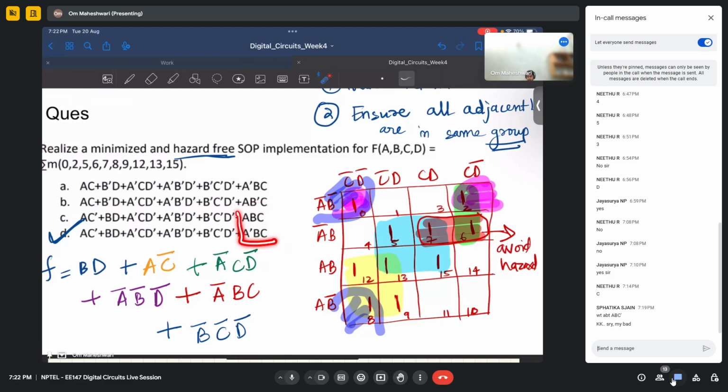A B C is not there. A B C would have been this, but we do not have this. We have A bar B C. So option D is correct.